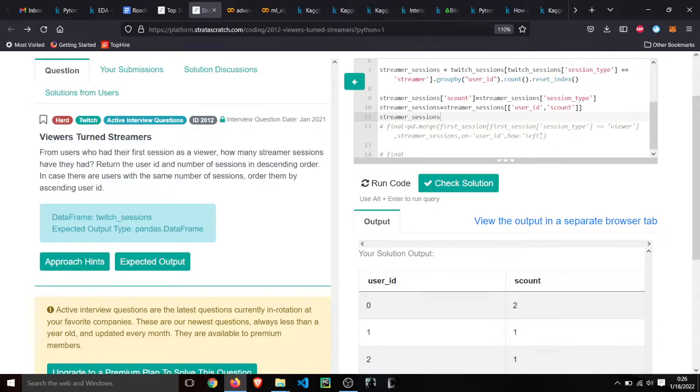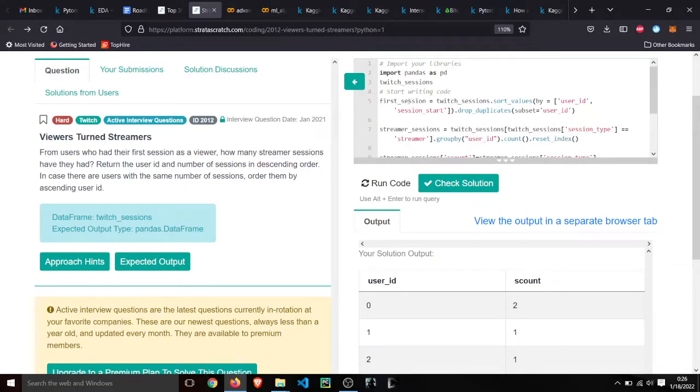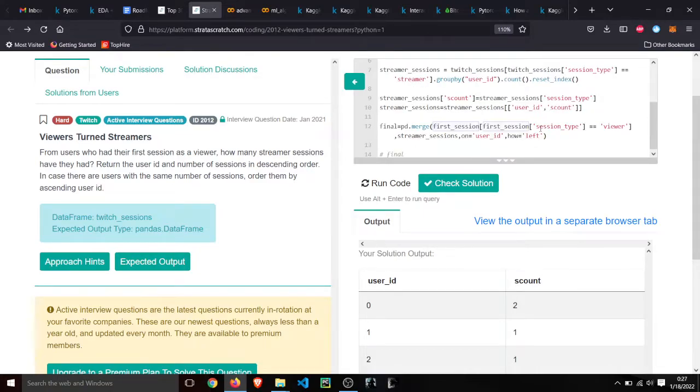Now what we need to do is merge the first session data. So this data frame gives us the first session for all the users. Then we need to find from the first sessions where the session type was viewer, right?